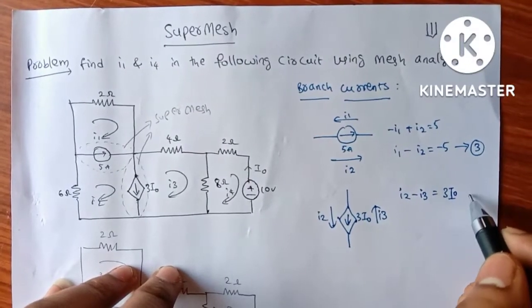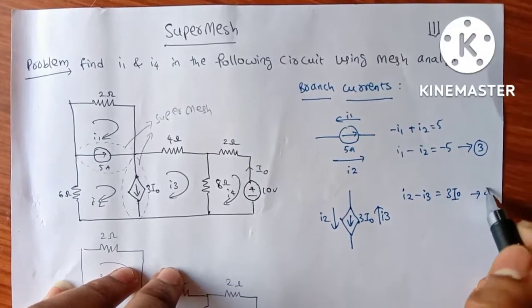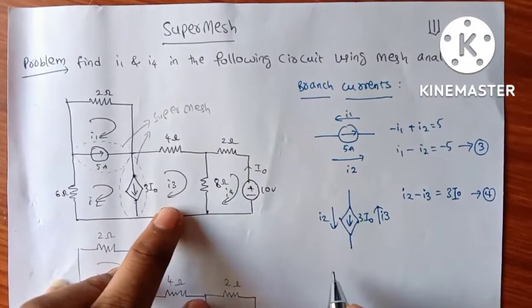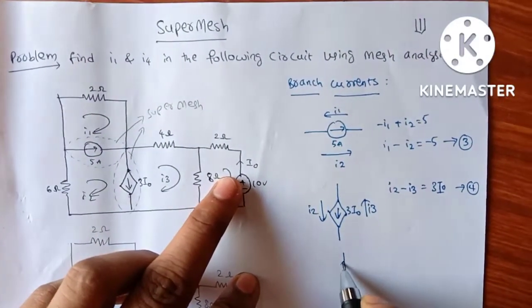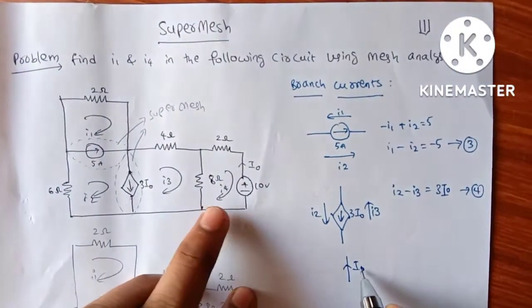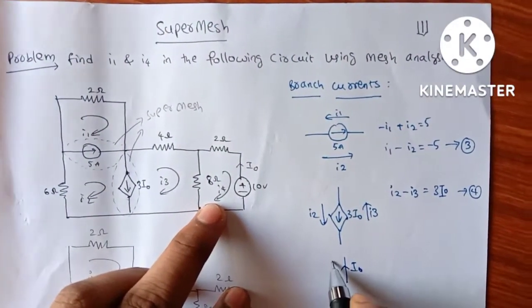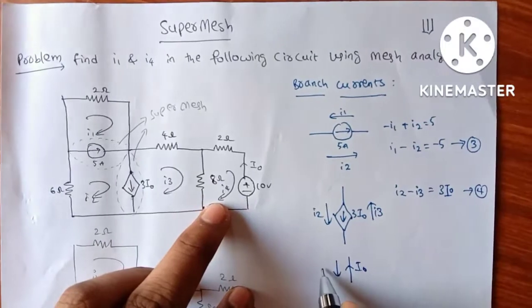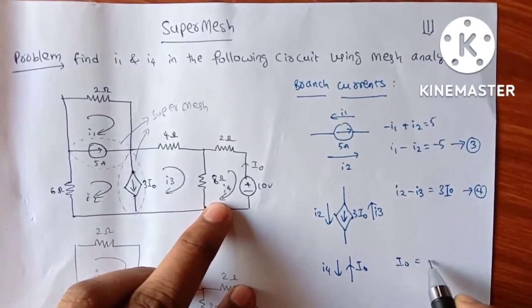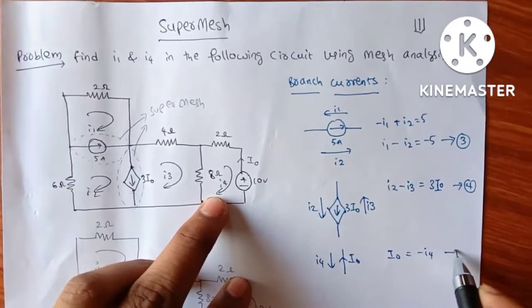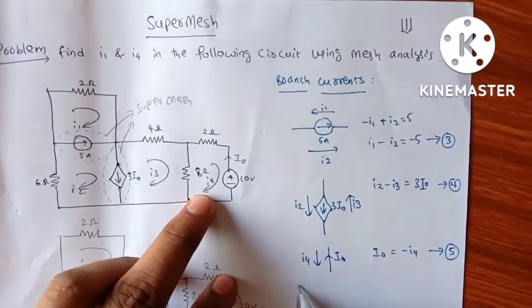Consider this as equation 4. Again, here I0 is flowing in this direction, but I4 is flowing opposite to the I0 direction. So I0 equals minus I4. Consider this as equation 5.